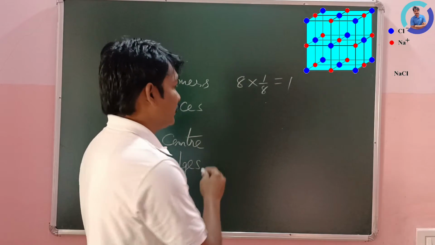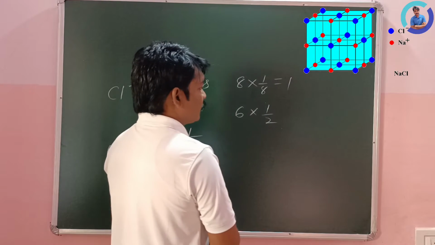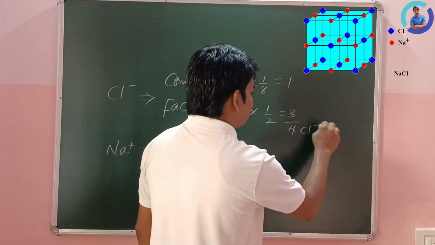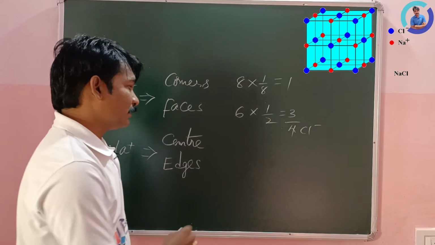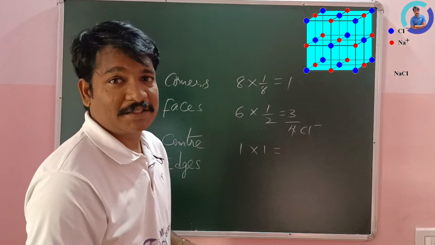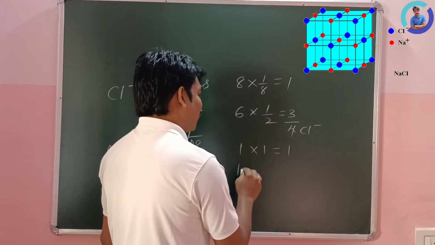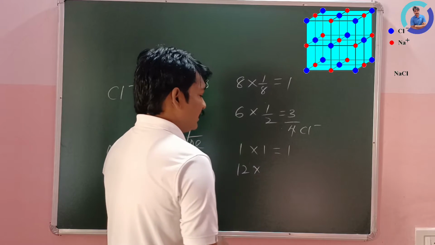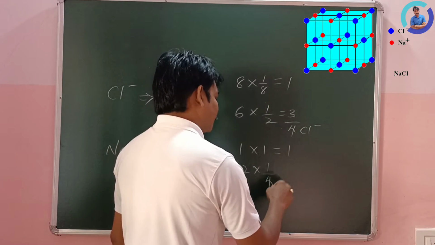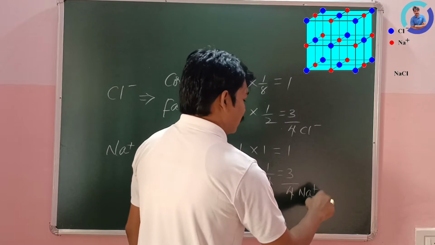There are 6 faces, each face contributes half, which equals 3, so a total of 4 Cl minus ions. Here one center is there, and each center contributes one complete ion, so 1 into 1 is equal to 1. There are 12 edges, each edge contributes 1/4, which equals 3, therefore 4 sodium ions.